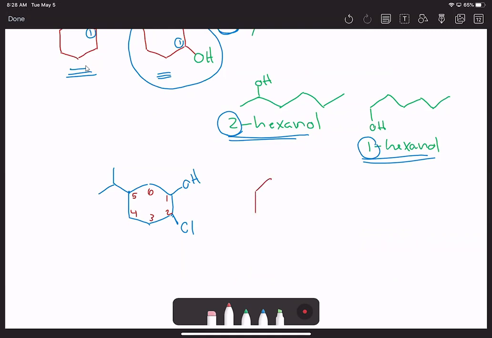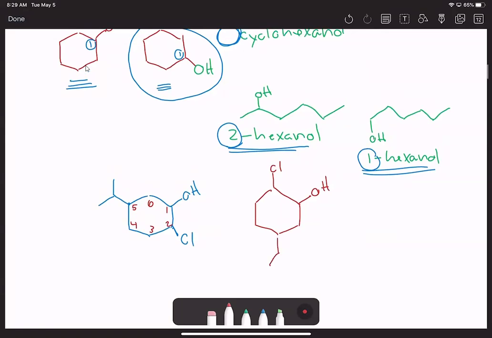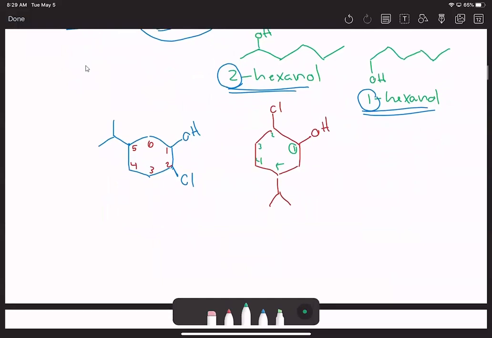If I redraw this way, and I put my alcohol group here, chlorine here, and isopropyl down here, well, carbon number 1, I'm going to take the shortest path, and this is carbon number 2, 3, 4, 5. And it's the exact same structure that I drew next door.